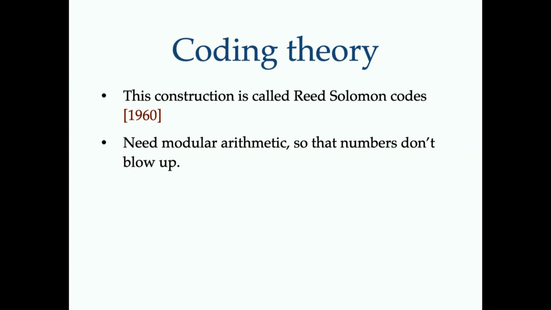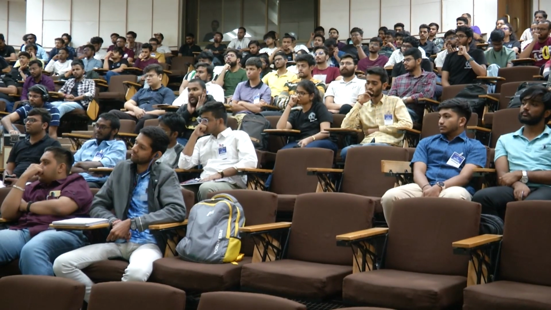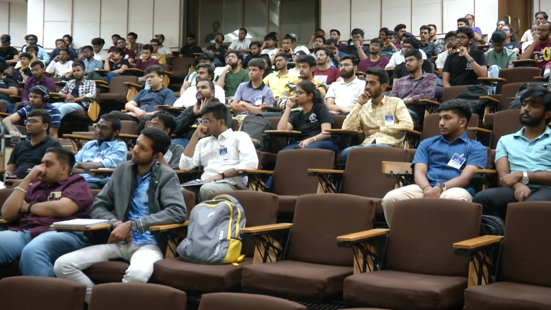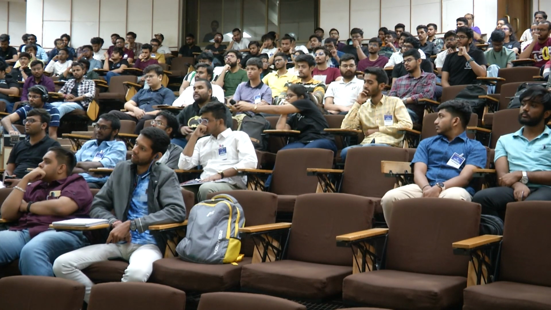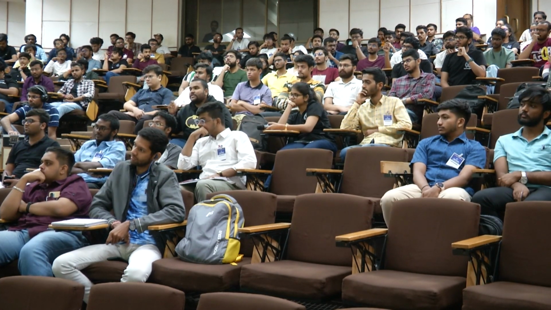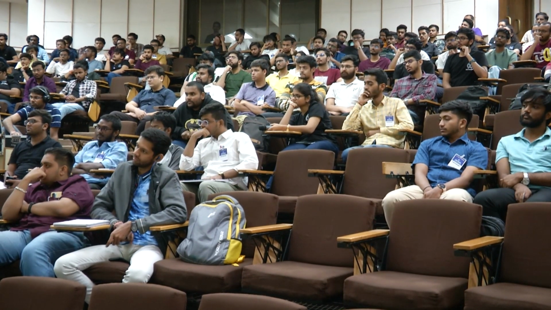One thing I should have told you: why do we need modular arithmetic here? All these polynomials, roots, evaluations, we have to do modulo some number. We can't do just over integers. You see what's the problem with integers? Too large, right? You have a degree 35 polynomial.